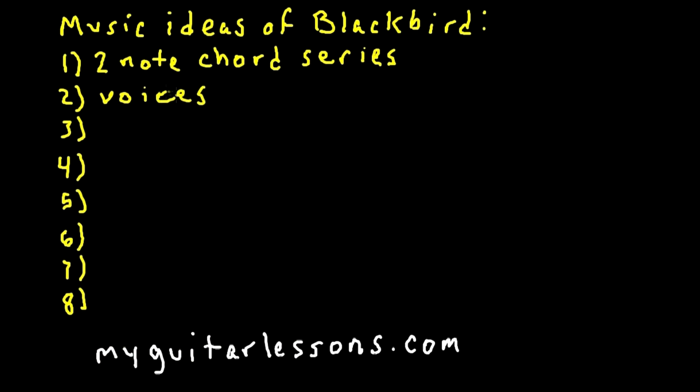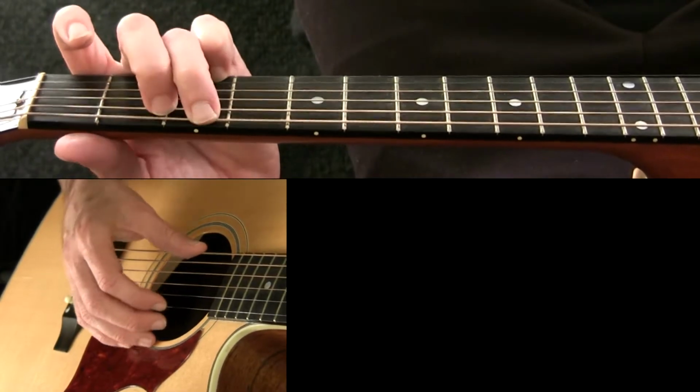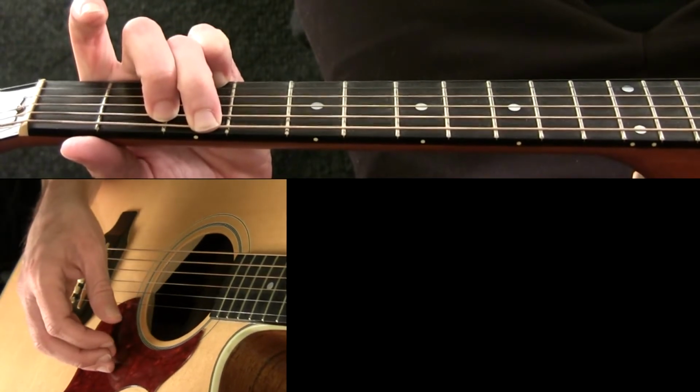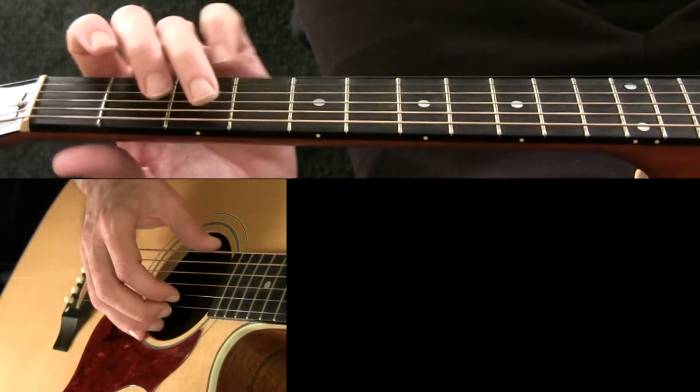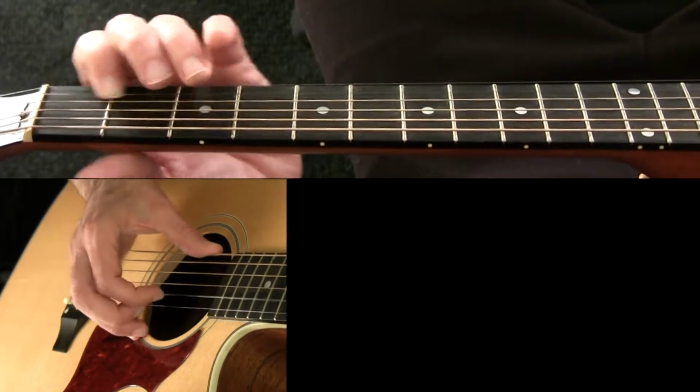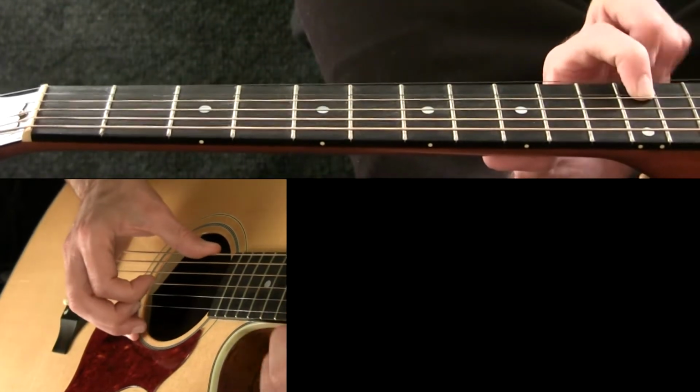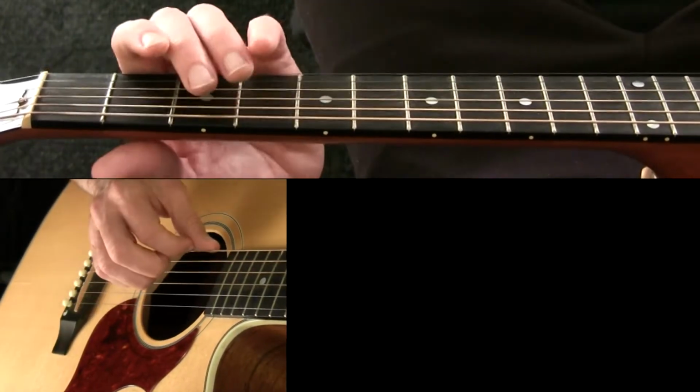The next music idea we're going to talk about is voices. So instead of thinking of chords, you can think of individual voices being played. The high voice sounds like this, and the lower voice sounds like this.